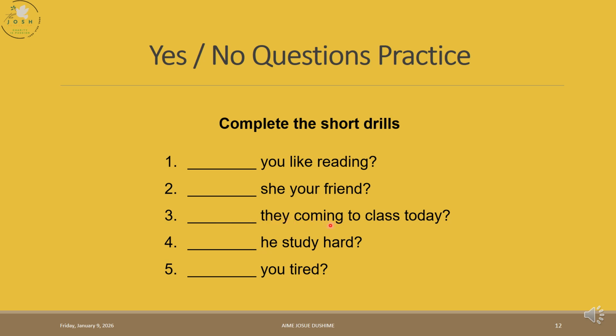No. Here we don't have V1, we have a continuous. What do you think we are going to put here? Are they coming to class today? We shall learn that in the coming lessons when we reach present continuous. Does he study hard? Are you tired?